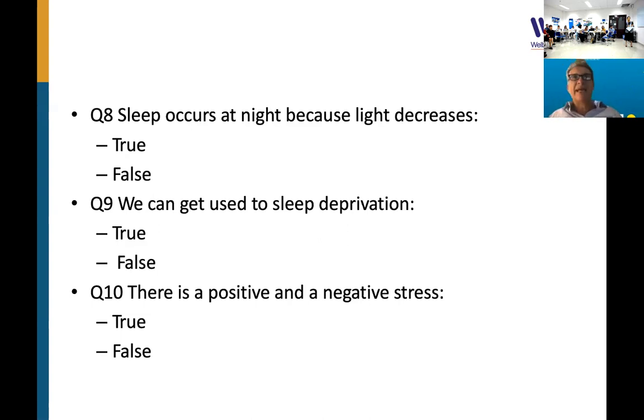Okay. So first thing is, tomorrow morning we'll go into more detail. Second thing is, it's not true that there's a positive and negative stress.